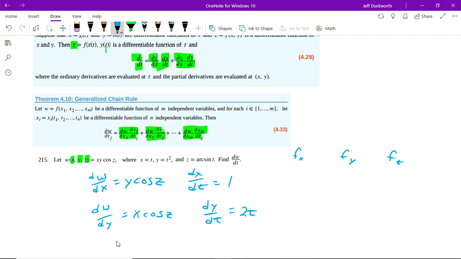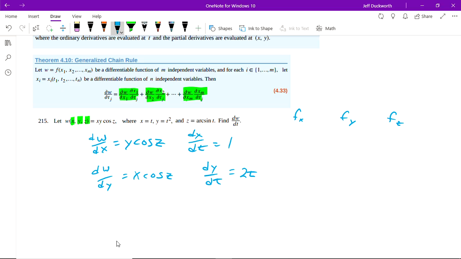And our third piece will be dw dz. So the xy would be the constant, and the derivative of cosine of z will be negative sine of z. And you can pull the negative out.